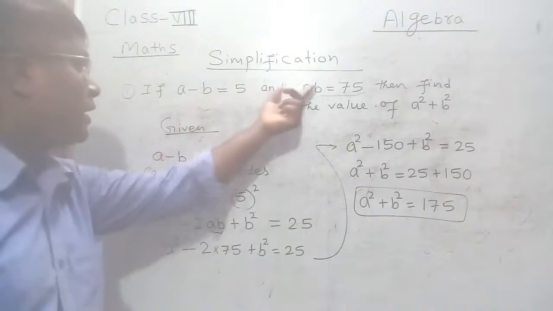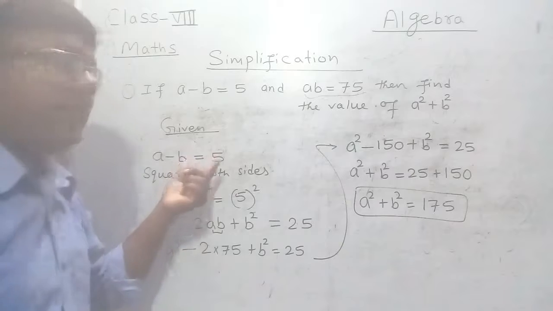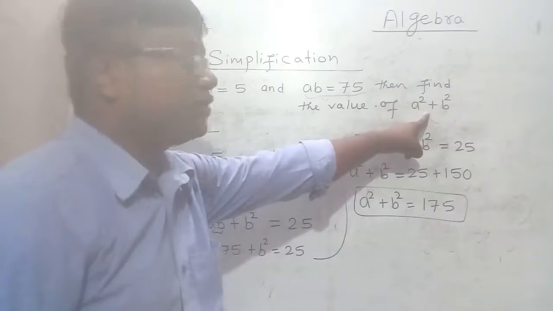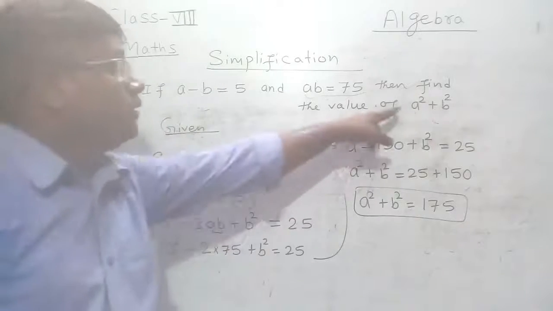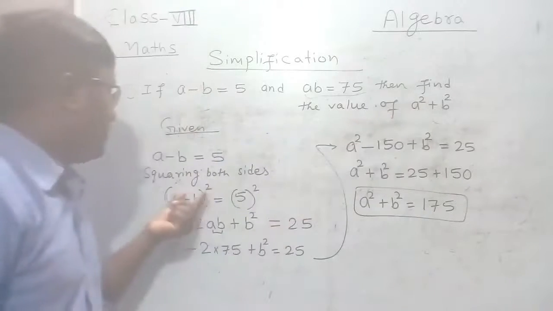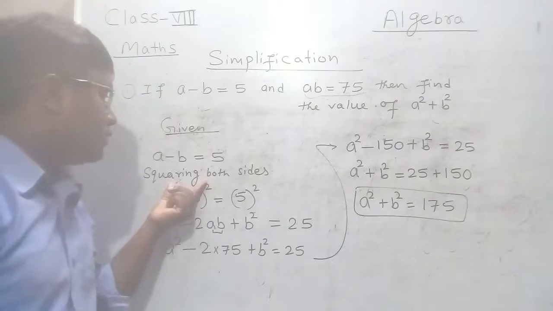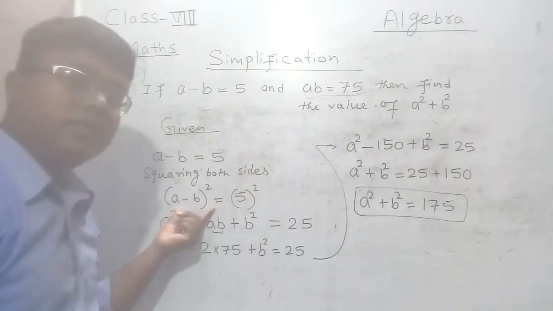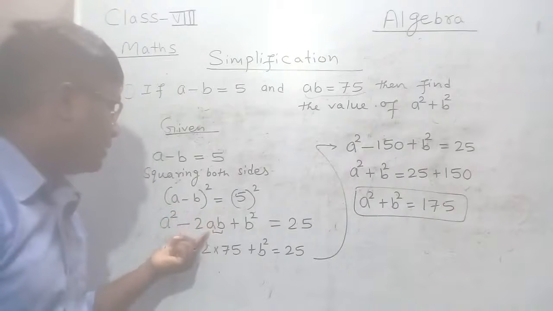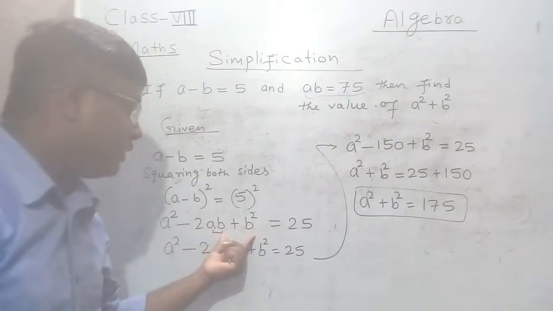Just see the given thing, what is given to you, and whose value you are going to find, a square plus b square. So what I have done, I have taken the square on both sides. After that I have written the formula for a minus b whole square, that is a square minus 2ab plus b square.